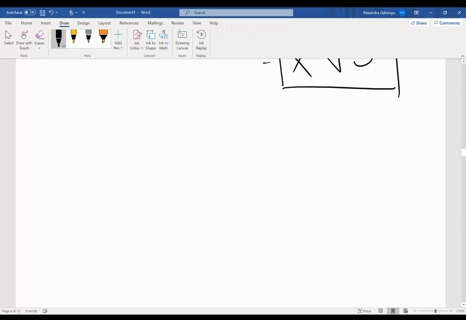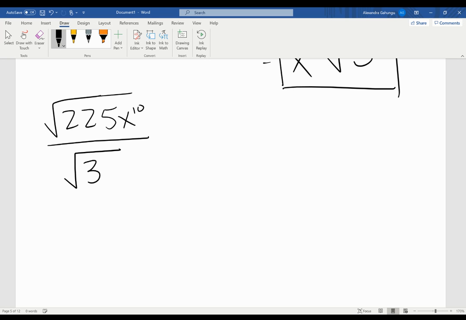Third example, bigger numbers, same process. Square root of 225x to the 10th over the square root of 3x to the 3rd. They are both inside the house, so they can play together. So I'm going to write it all under one big house, one big radical.